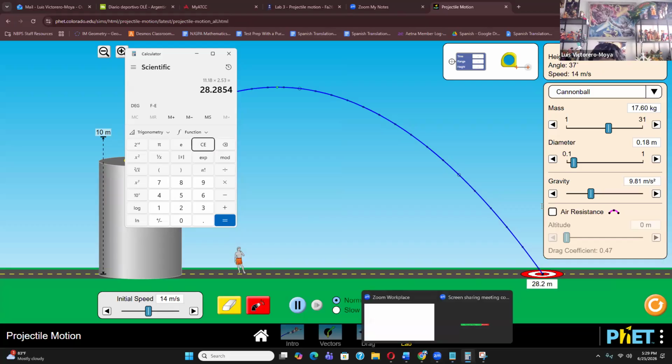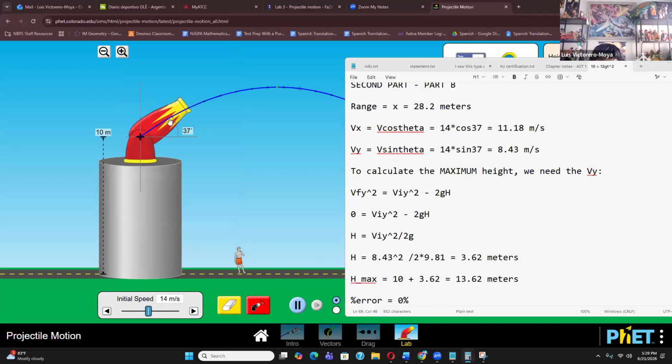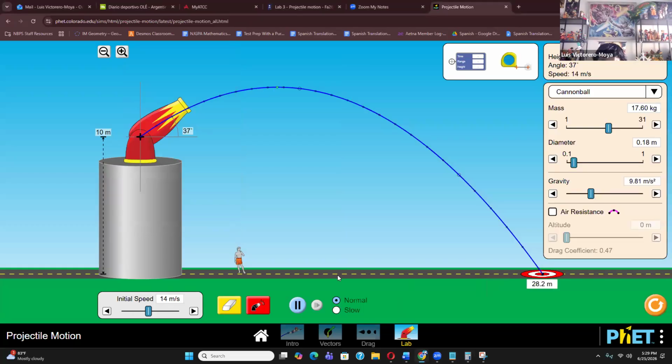So part B is a bit more complex because you have to use the components of the velocity, right? But it's a very interesting lab because that's a good way to review what we have covered in the lecture for this section.